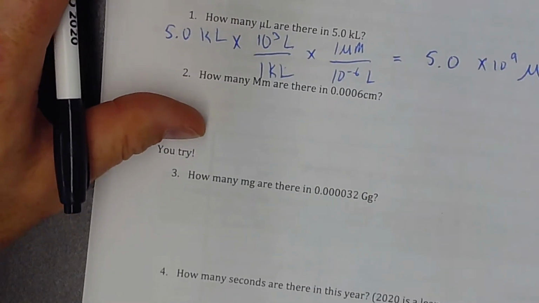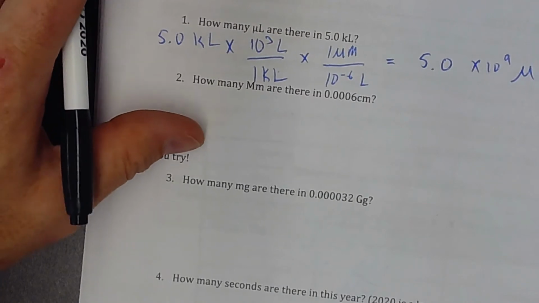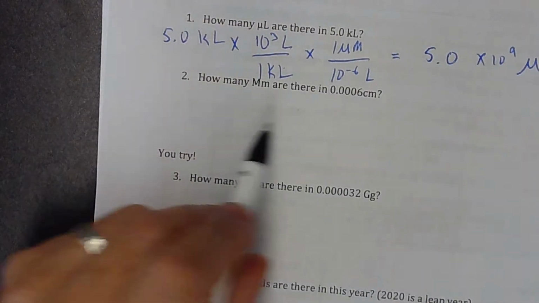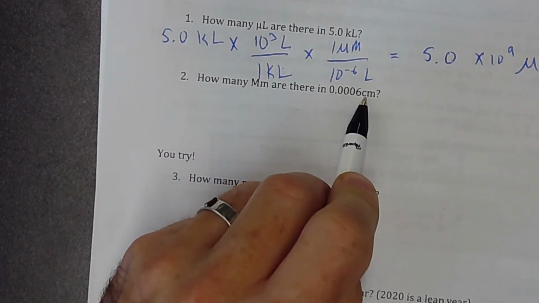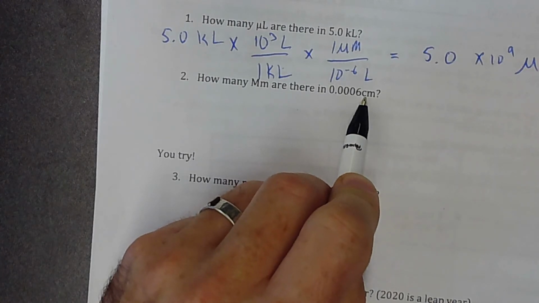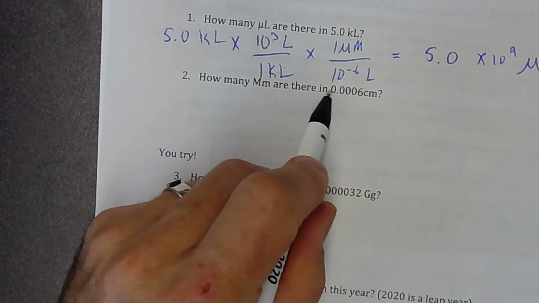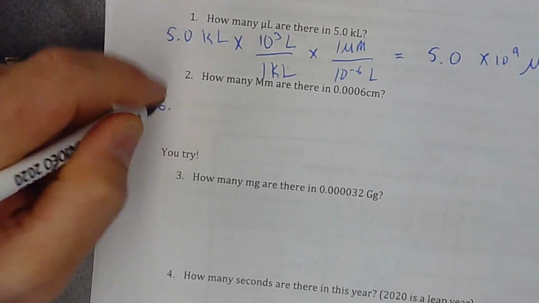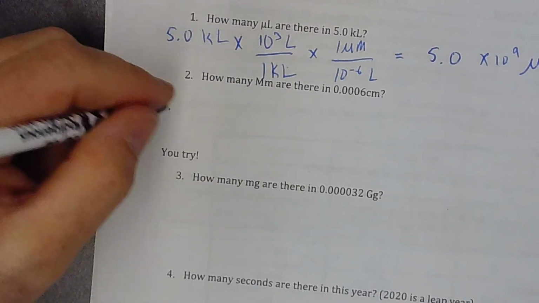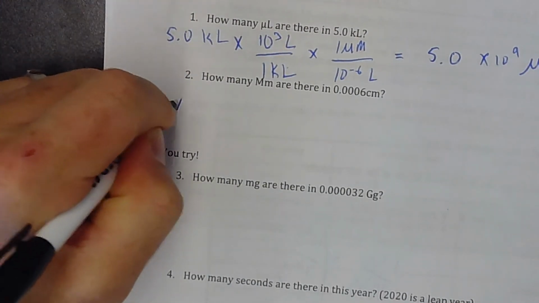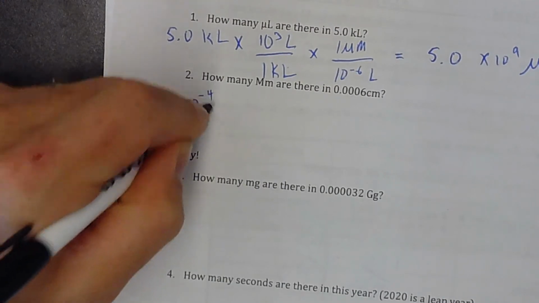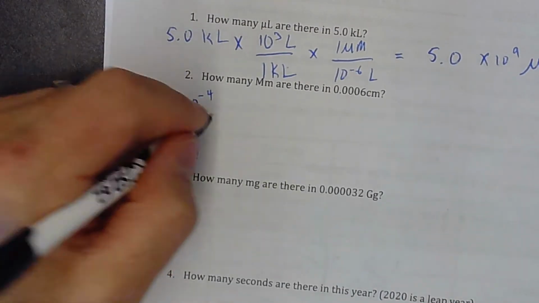Okay, next one. How many megameters are there in 0.006 centimeters? I'm going to change it to scientific notation right away just to make it easier. So it's just 6 times 10 to the negative 4. We only got 1 sig fig on that one, centimeters.